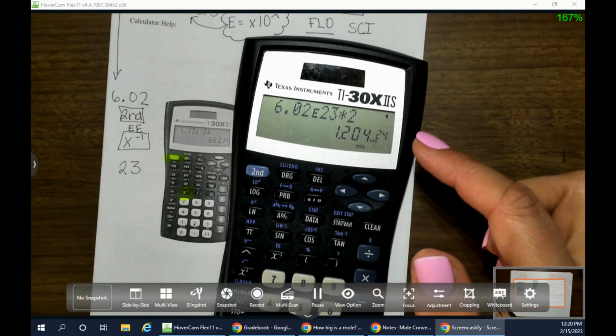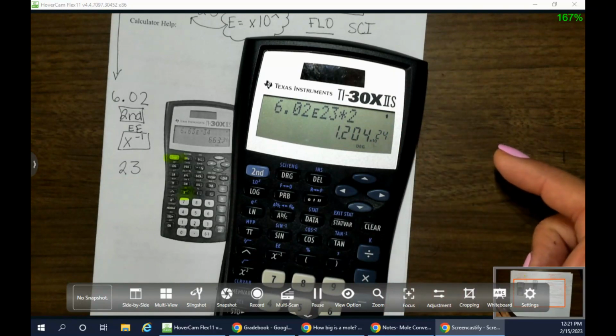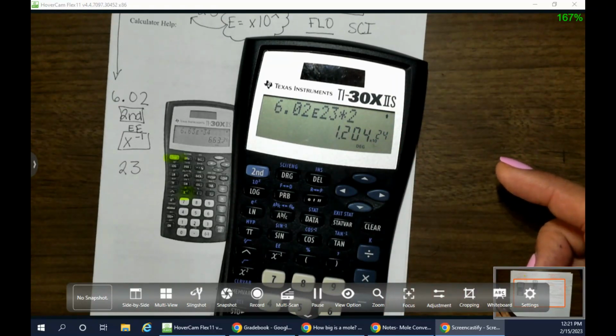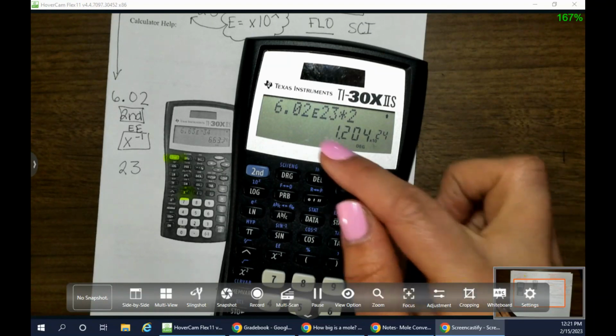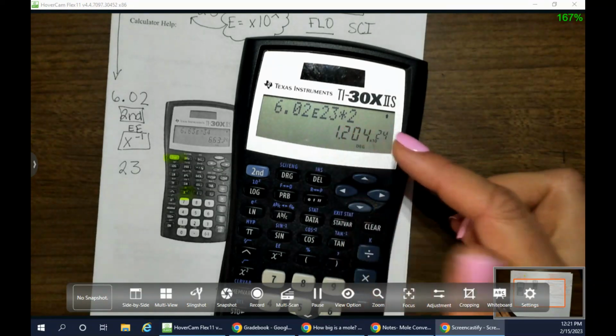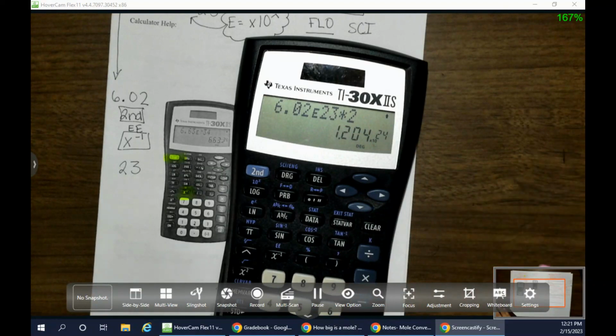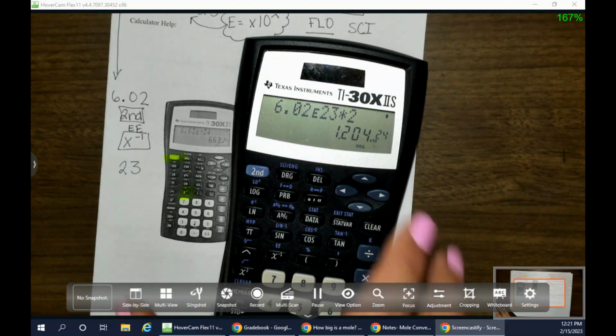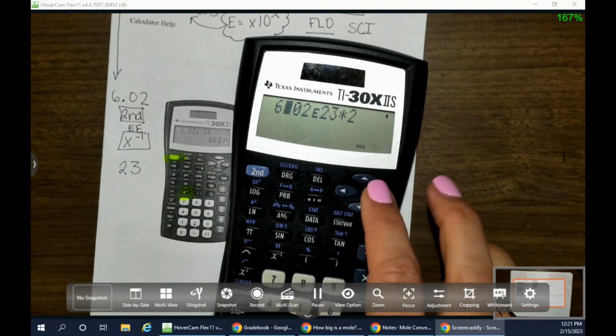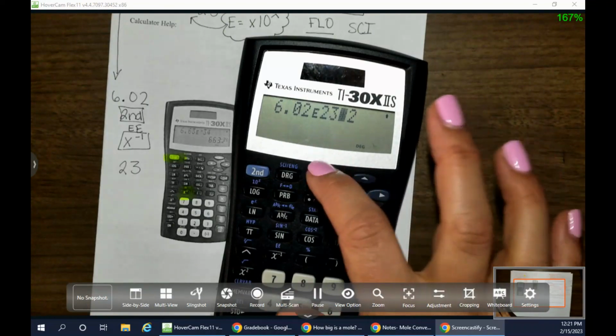So I'm trying to keep you from having to use parentheses. Because most likely, especially if you try to do this on your phone, you do have an E button. I know how to help iPhone users. I don't know how to help Droid users right now. But you don't have to use parentheses. Parentheses get really complicated when you're dealing with one of those calculators. So definitely I would embrace that.